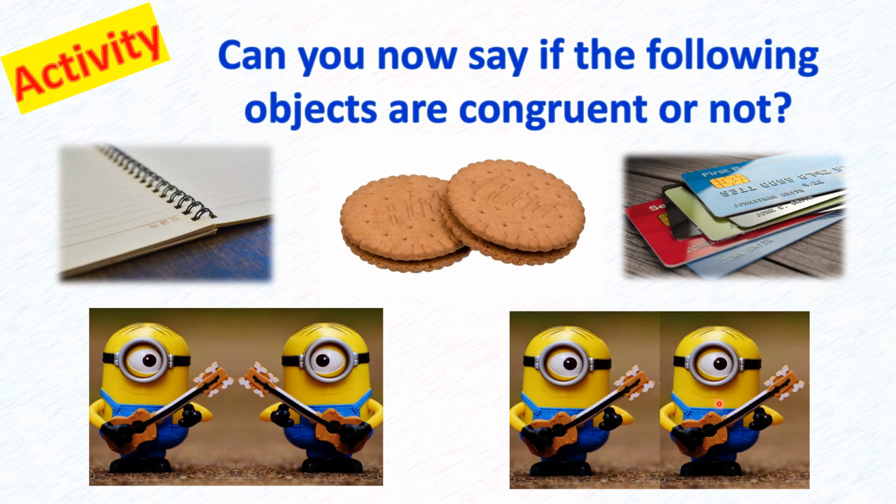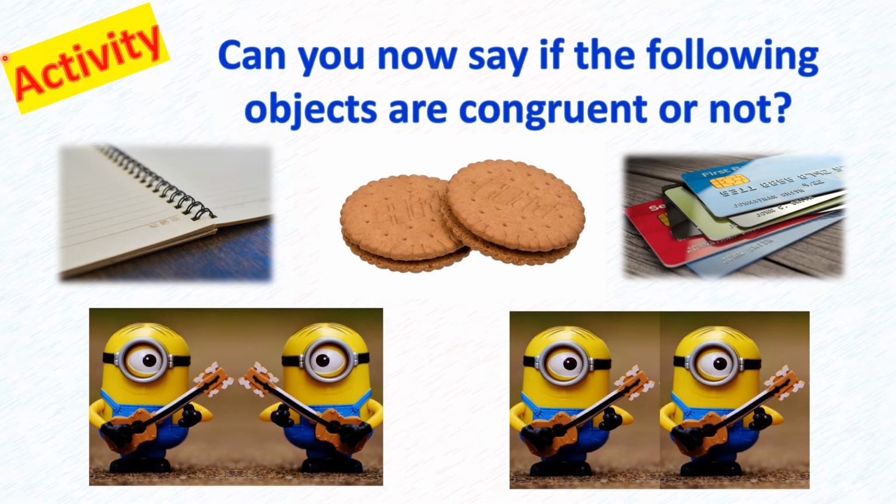These objects will be congruent to each other. See, the position of the guitar is on the same side, but here they were on the opposite side. So if I keep this first one on the other one, it will not merge. This side will come like that, which is wrong, right? So this is not congruent, but these two are, yes, they are congruent.